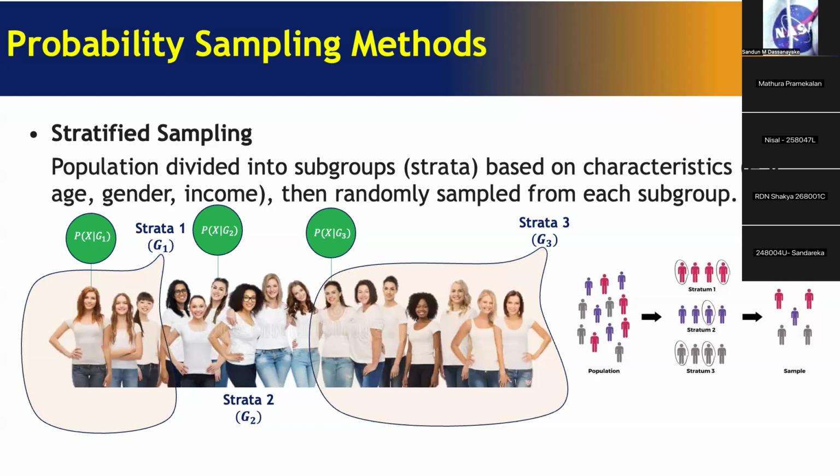So don't get confused with this. Once the population itself has these subgroups, the strata, it can be based on color, height, gender, income, many other things. So the population itself has these strata, the subgroups. And we use stratified sampling to randomly sample from each subgroup.